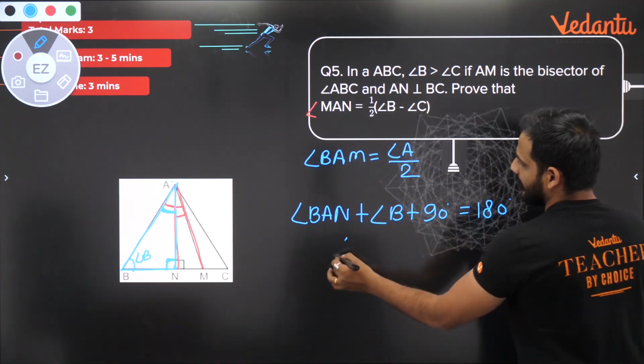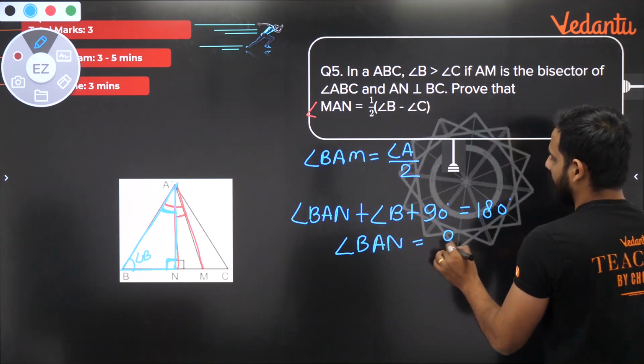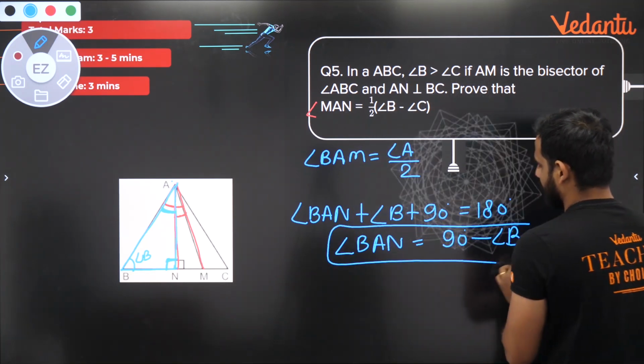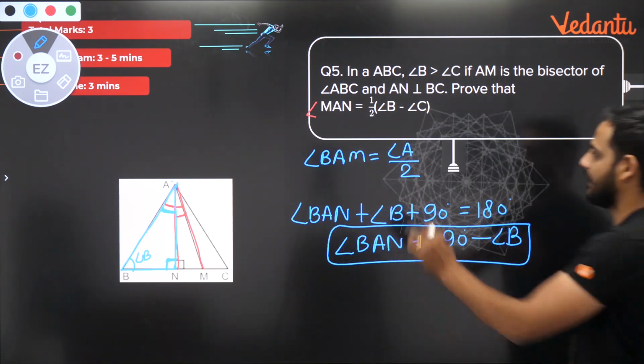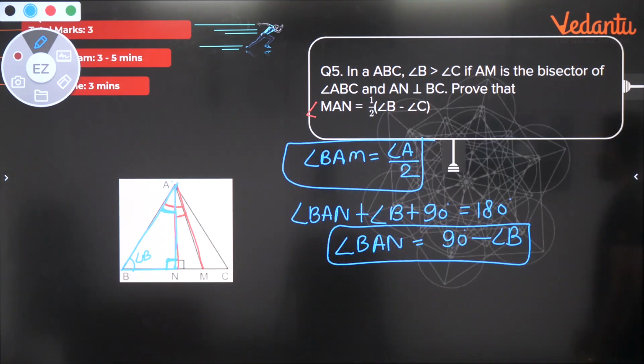From here you will get the value of angle BAN is equal to 90 minus angle B. Correct? So we have got these two values: angle BAM is equal to A by 2 and angle BAN is equal to 90 minus B.